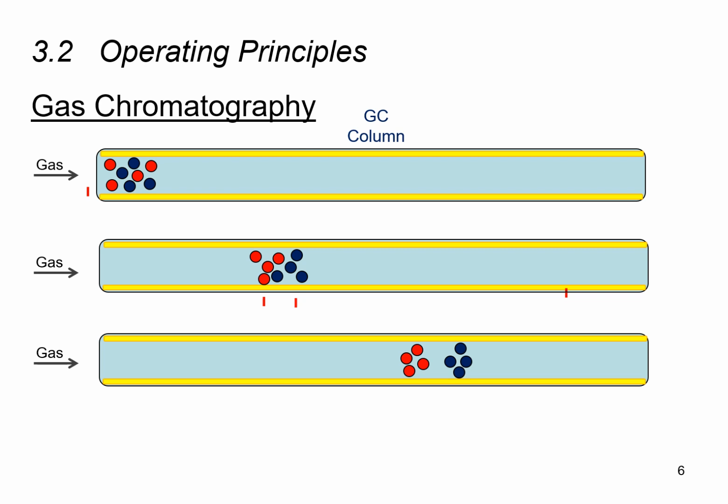So this tells us that the red molecules actually have a higher affinity with the stationary phase, or we can say that they prefer to interact with the stationary phase. So therefore, as they're interacting quite a lot, they are slowing down and being left behind in the column.